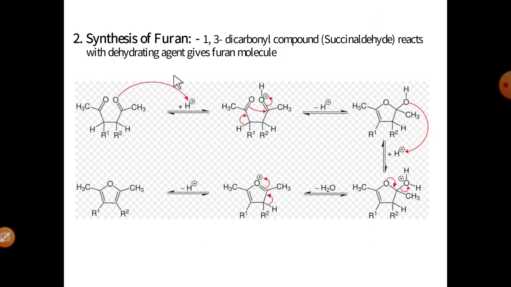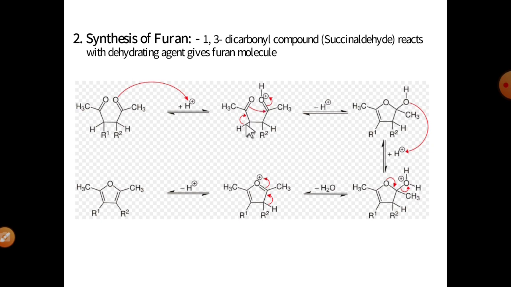Next one is the synthesis of the furan molecule. Similarly, the furan molecule is also synthesized by the same method, the Paal-Knorr synthesis method, in which the 1,4-dicarbonyl compound reacts with a dehydrating agent like phosphorus pentoxide or H2SO4. It gives finally the furan molecule. See, this is the 1,4-dicarbonyl compound in presence of a strong dehydrating agent. Number first, the electron pair of this oxygen reacts with this H plus, meaning protonation of oxygen takes place.